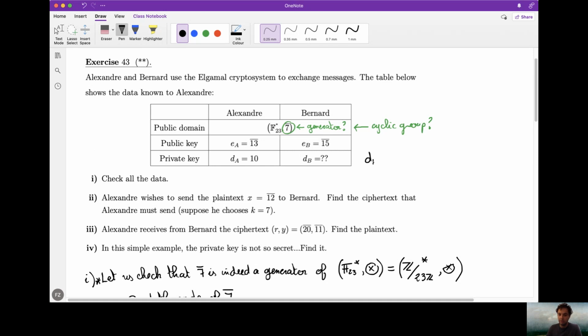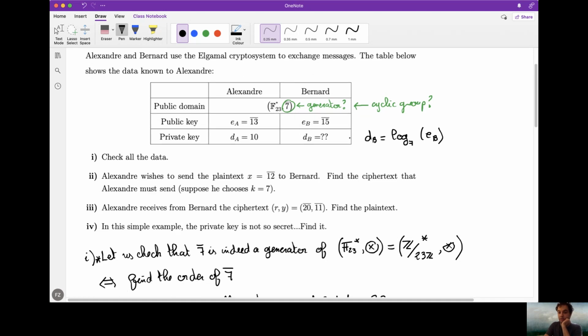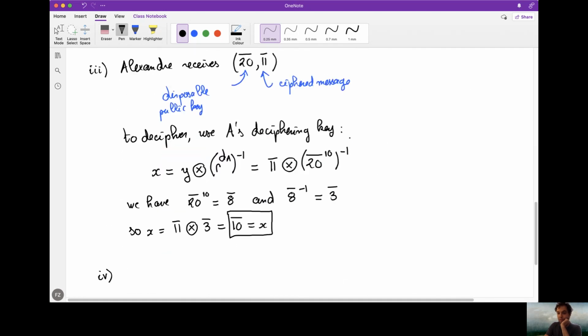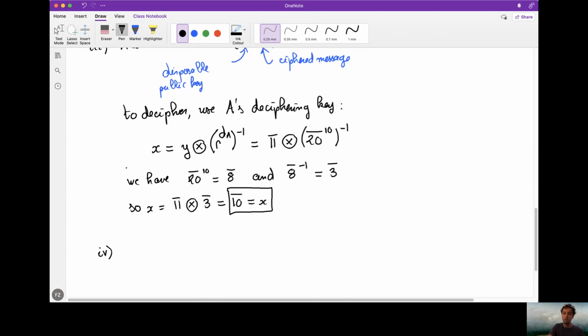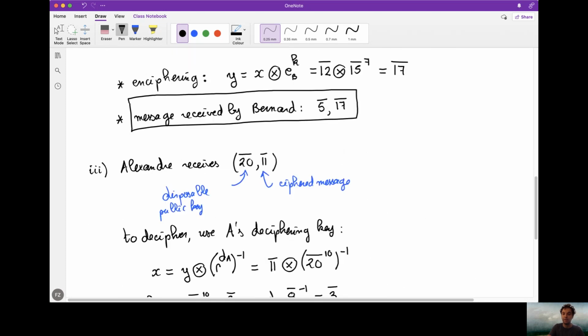So remember that DB is equal to the logarithm in base g, so in base 7, of EB, right? So the question we are asking here is 7 to which power will give 15 as a result, okay? So 15 is 7 to which power? Well, here there is not really a smart method to do this, but since the group that we have chosen is quite simple, we can just compute all powers of 7 and see which one will produce 15, okay?